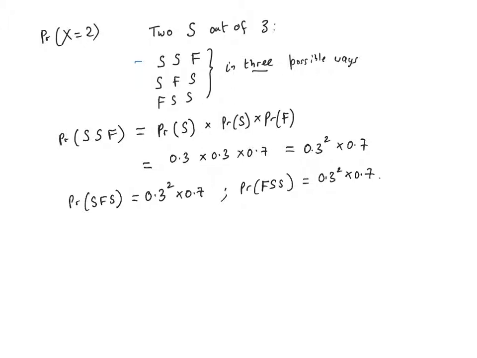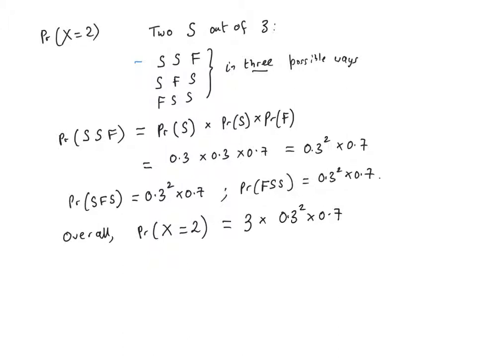And this means that overall, if we're interested in the probability that we have exactly 2 successes out of 3 trials, that's just 3, because there are 3 possible ways that we can have 2 successes and a failure, multiplied by 0.3 squared times 0.7.